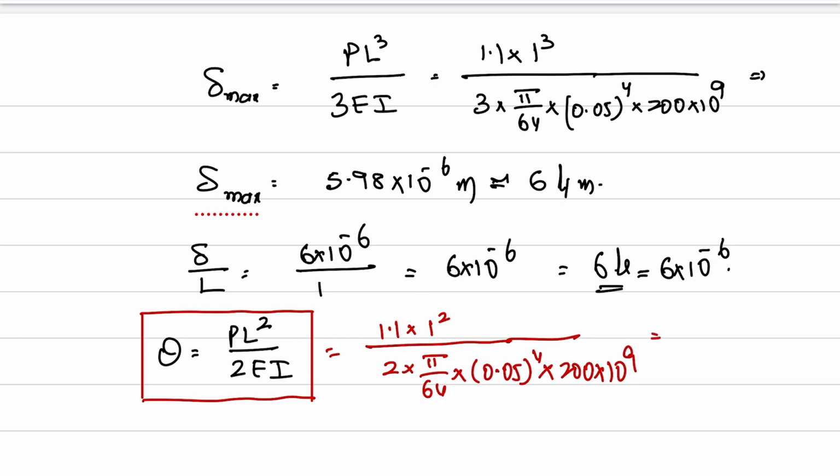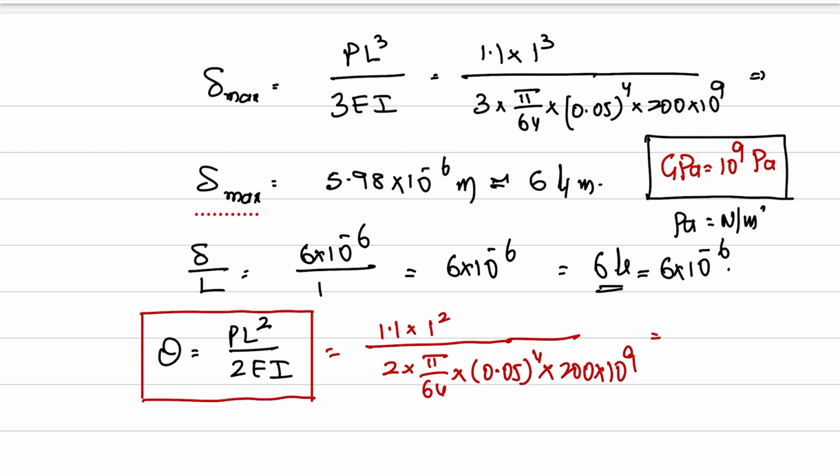GPa is equal to 10 to the power of 9 Pa. Please remember, see my previous videos. You will understand the concepts of the dimensions and units of the stress. Stress units are very important, either pascals or newtons per meter square. 1 pascal is equal to 1 newton per meter square. This is the SI unit. MPa is 10 to the power of 6 Pa.